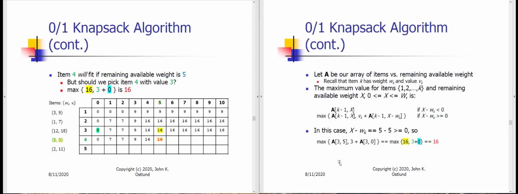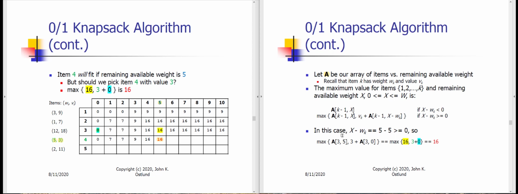I hope that the pattern we've been following has become fairly clear, but let's formalize this with some notation that you could actually turn into code. We'll call our array A, okay, and the columns of A are the possible available space remaining in our knapsack.